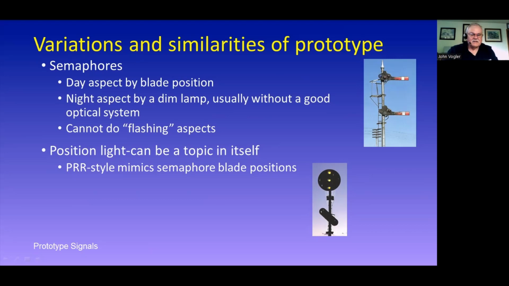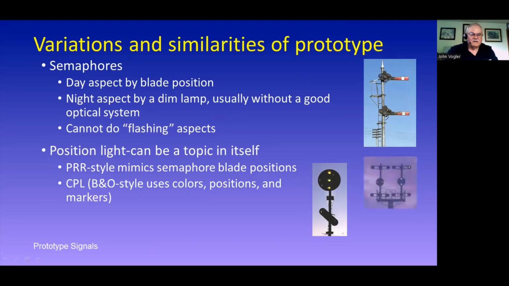In this case, we're looking at a Pennsy style clear in the vertical semaphore position. The color position light that B&O uses uses both the position of the lights and colors and markers. And they can do some very complex signaling with very little head, but it looks complicated.